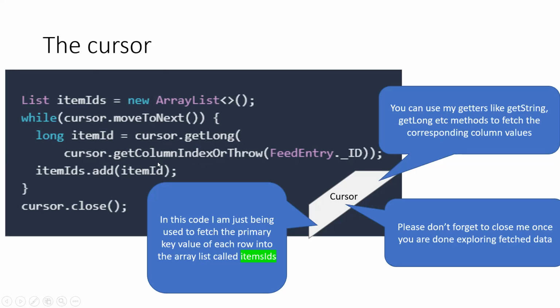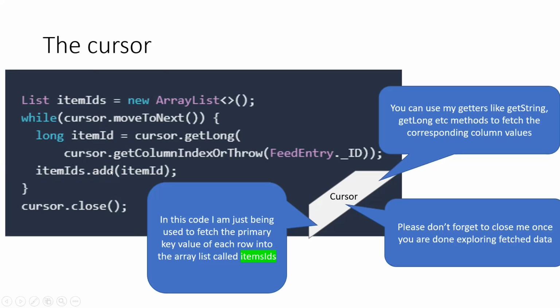So you call cursor dot get column index or throw, so that the value of the column, which is a primary key, will be fetched and converted into a long. Once it is converted into a long, it is fed into the item ID, and then you add that item ID into the array list. This while loop will keep moving as long as there are items in the cursor.